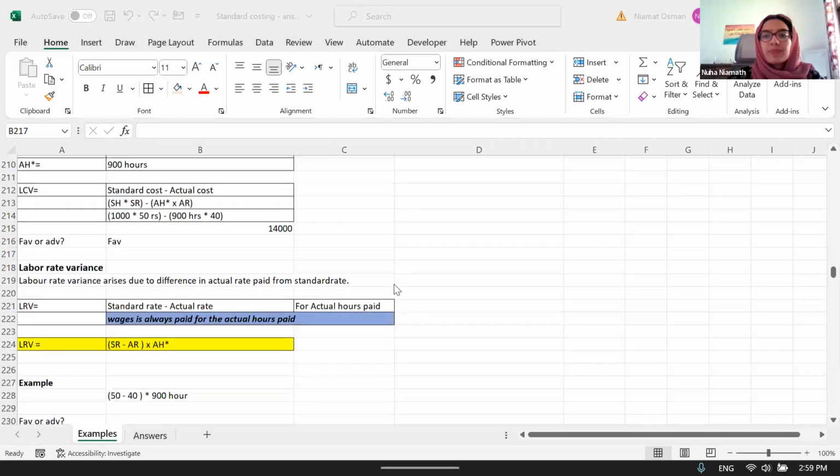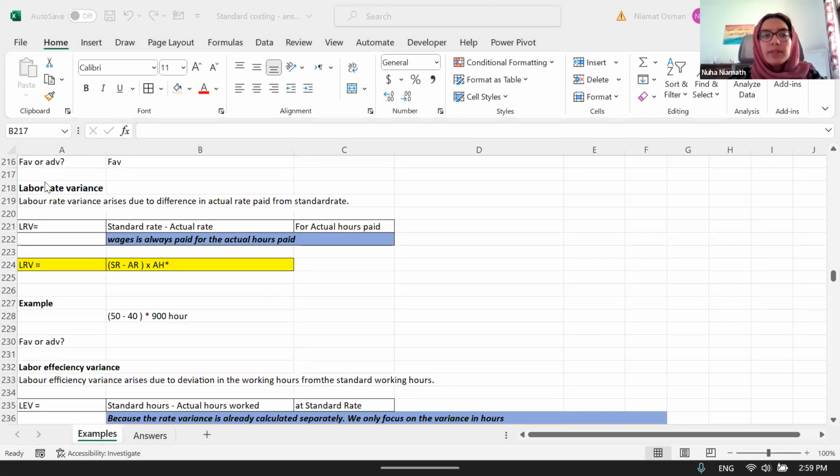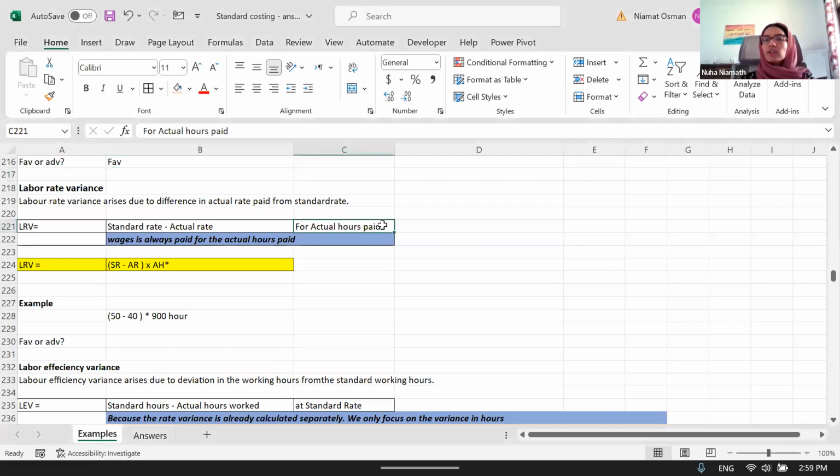Clear. Perfect. All right. Now let's get into labor rate variance. Labor rate variance is standard rate minus actual rate for actual hours paid. So remember, actual hours paid. You don't have to take worked here because worked is separate. Here we'll have to take the total hours we have been paid for.